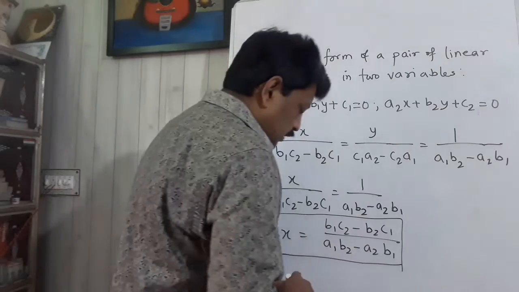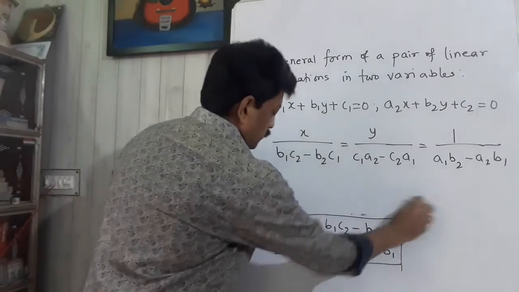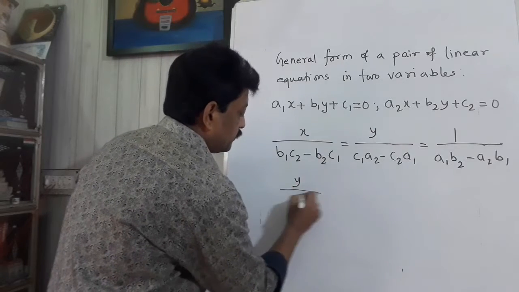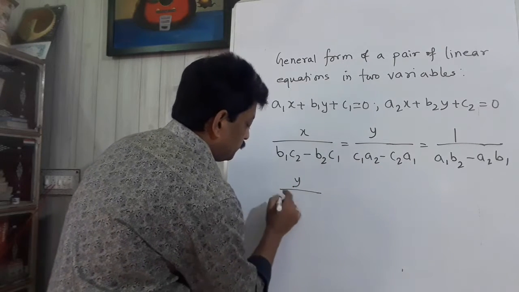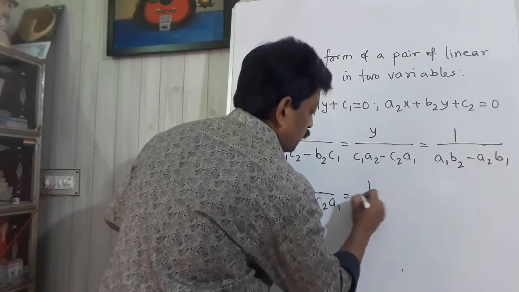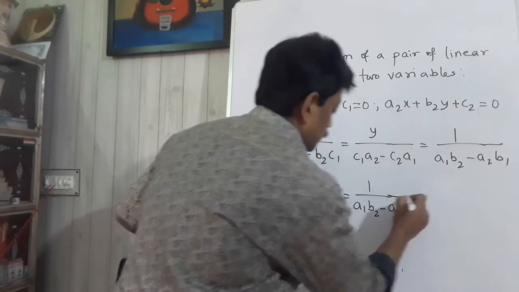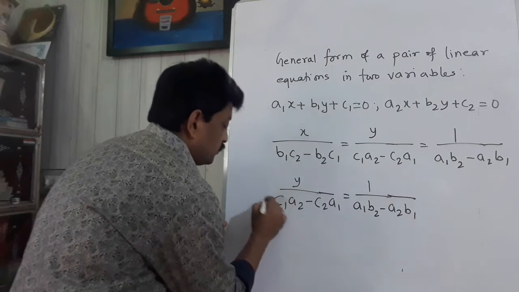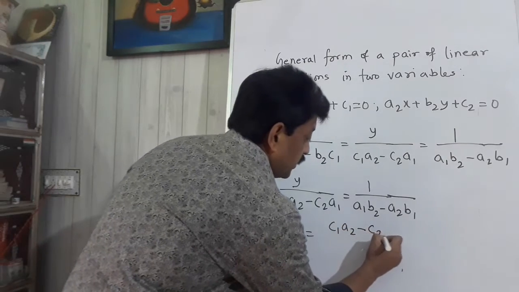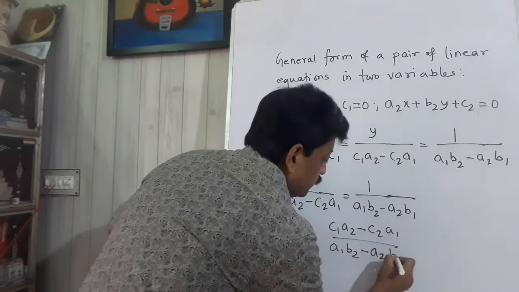Similarly, if we want to find the value of y, then again the formula can be rearranged. So we can write y upon c1a2 minus c2a1 equals 1 upon a1b2 minus a2b1, which implies y equals c1a2 minus c2a1 upon a1b2 minus a2b1.